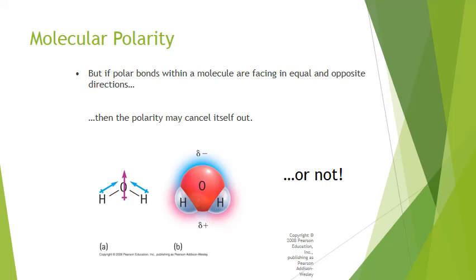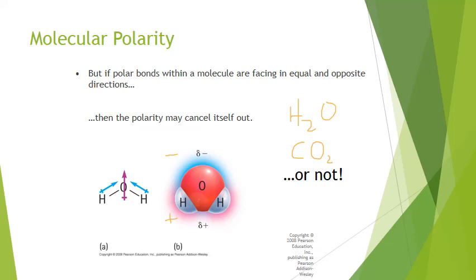But notice in which direction, kind of upward in this case. So therefore, you have a negative end of the molecule and you've got a positive end of the molecule. So water, H2O, is polar, whereas we just saw that CO2 is not polar.